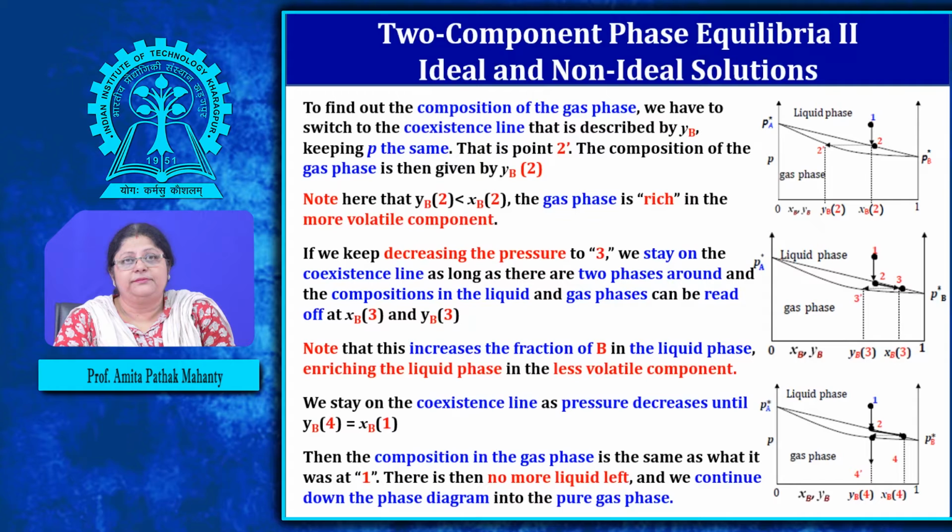What about the component B? What is happening to the component B? As we decrease the pressure to point 3, we stay on the coexisting line. As long as there is no second phase around, the composition in the liquid and the gas can be read as XB and YB.